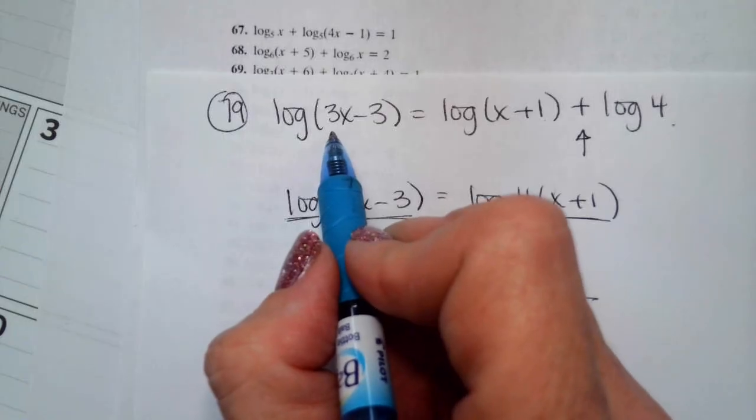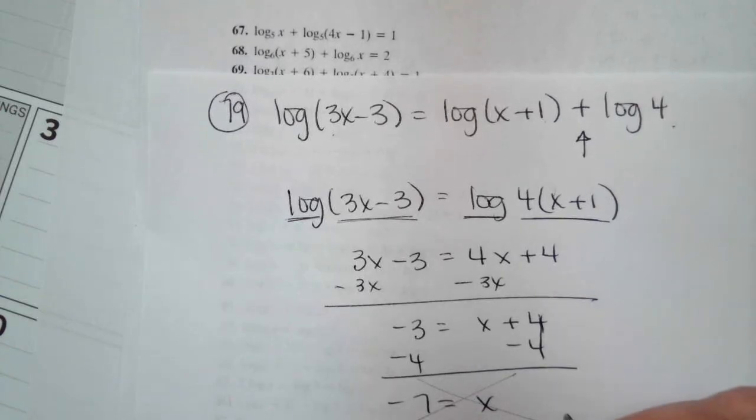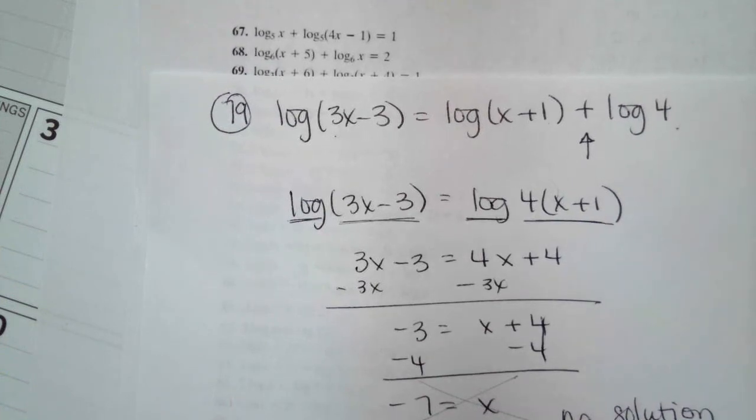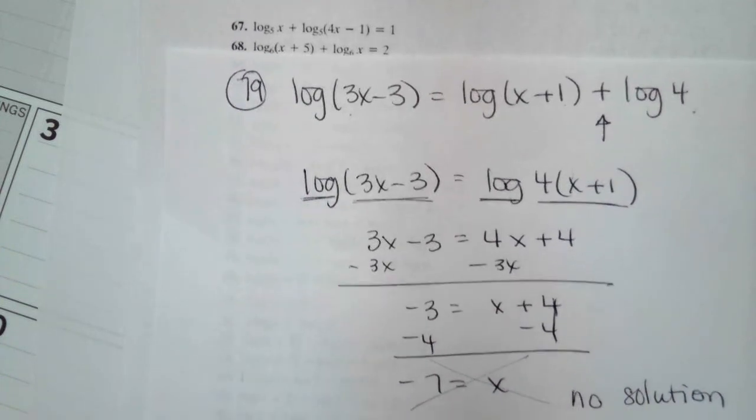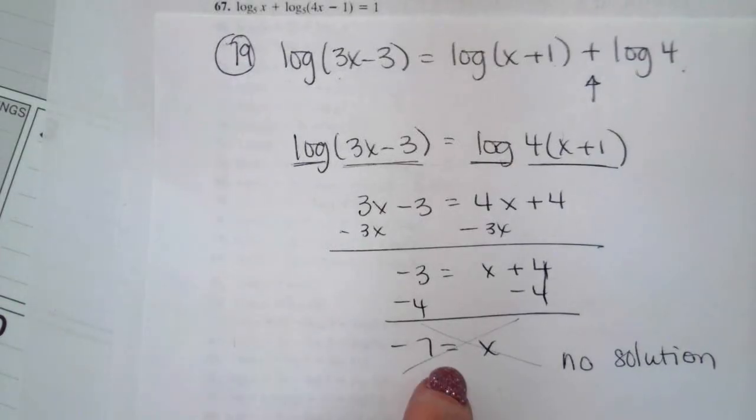Negative 7 times 3 is negative 21. That's not going to work. So this one, I picked the only one that does not have a solution. So this one has no solution set. Good times, right? But that's what it is. We just work it out and then check and make sure that they work. And in this case, this one did not work.